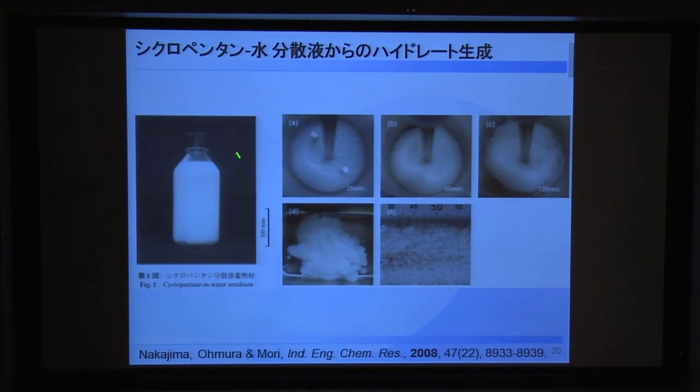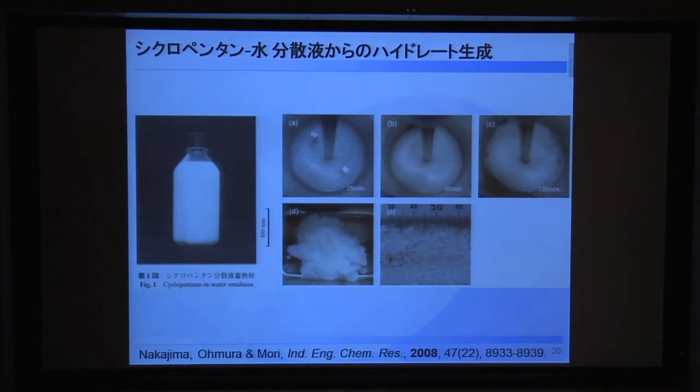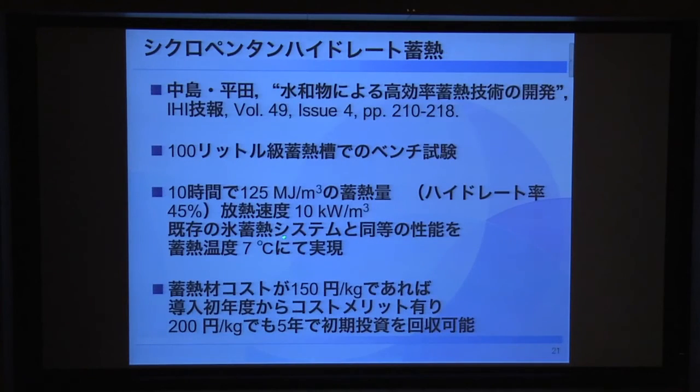This one used the active surfactant. If we made an emulsion, it worked better. By using emulsion, 93% of water was converted into hydrate. We have done this kind of research. Cyclopentane hydrate is worked on by IHI.